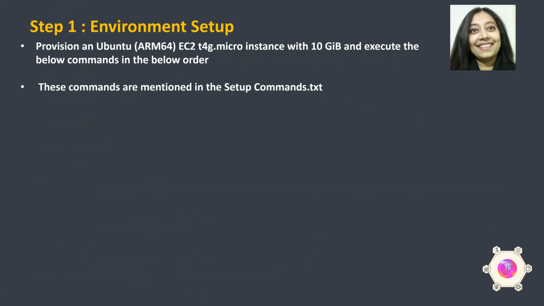Now, this is absolutely critical. If you miss or mess up this step, it will go for a toss. You have to provision an ARM64 instance. Do not provision an x86, because if you provision an x86, when you are creating your Docker image, it goes for a toss.